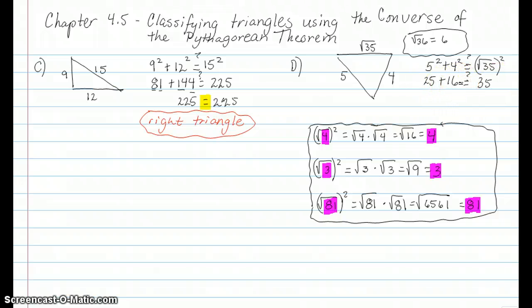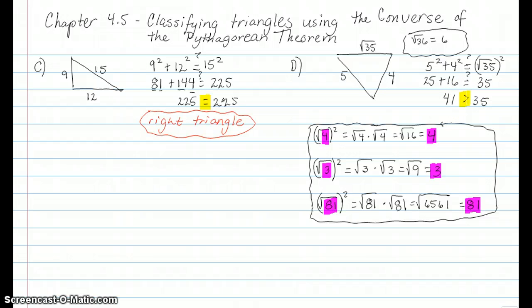25 and 16, 20 and 10 is 30, 5 and 6 is 11. So 30 and 11 is 41. 41 is in fact greater than 35, which is what we predicted it would be. It's going to be greater than. Highlight that.